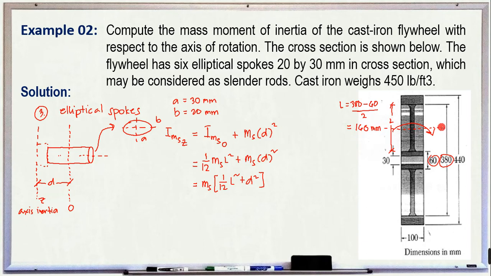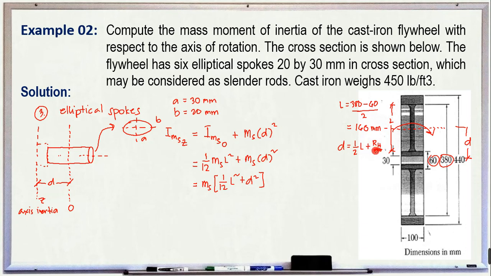Its distance D from the center is half of this length plus the outer radius of our hub.